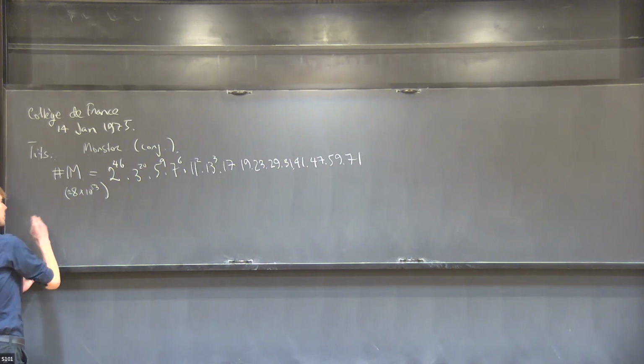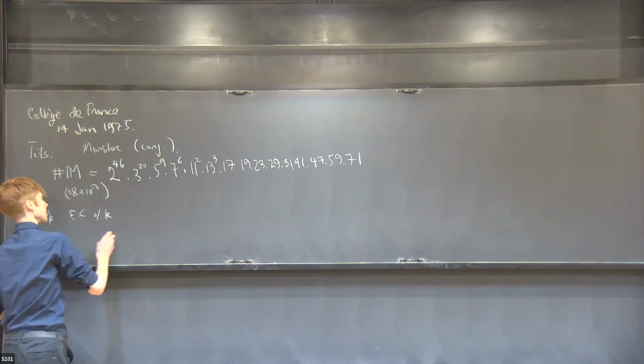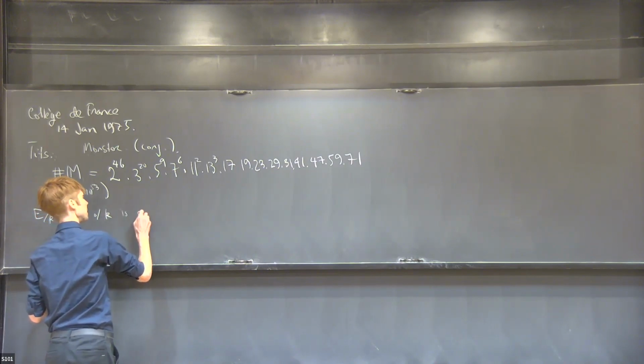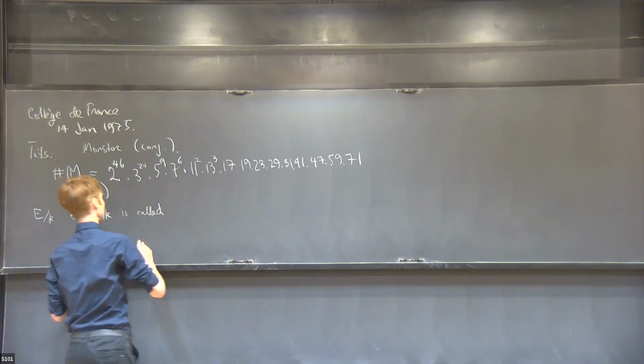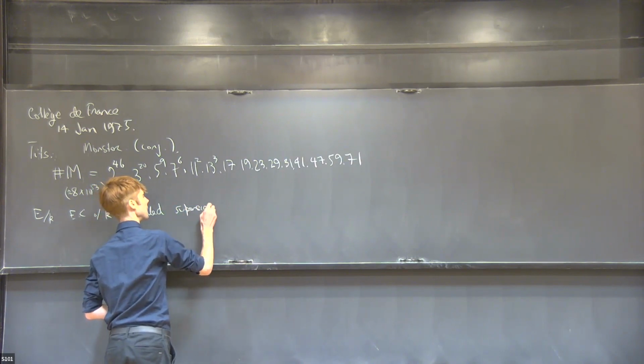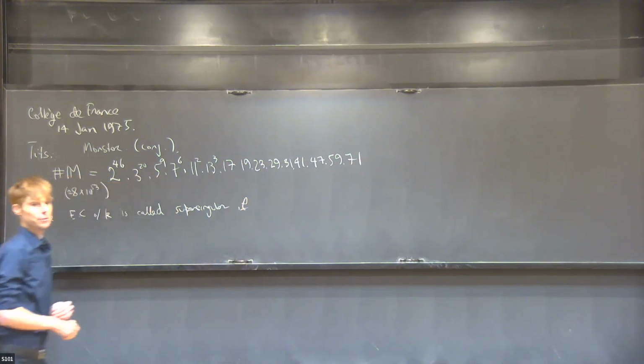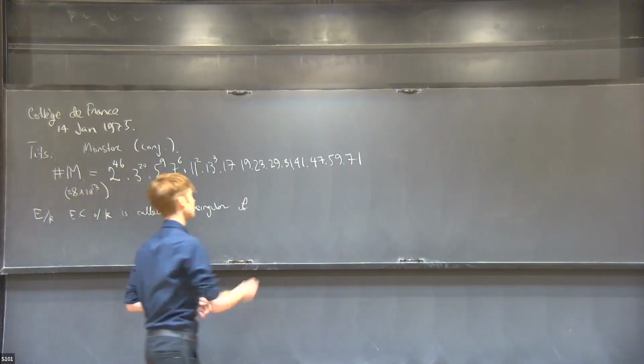To explain this question, recall that an elliptic curve E over a field K is called supersingular, and I'll give the definition I like, if its endomorphism group is as large as possible.